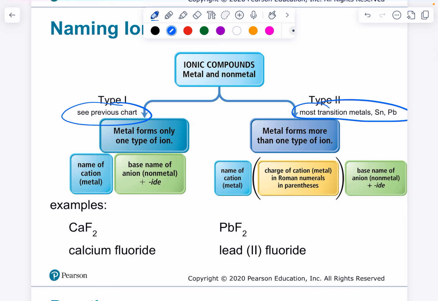It's very straightforward. You take the name of the metal, and then you take the name of the nonmetal, which is the anion, and you change it to "-ide". So calcium is just calcium, and fluorine becomes fluoride. That is literally all you have to do to name these type 1 compounds.